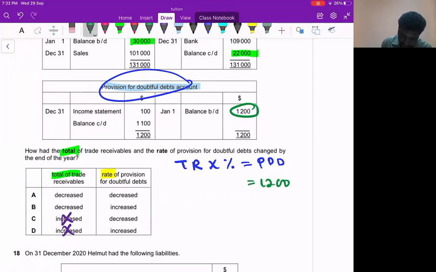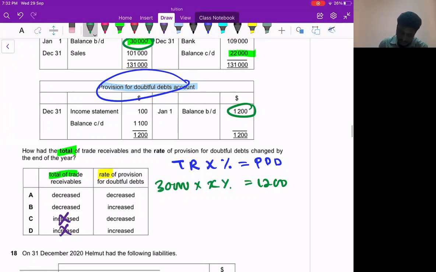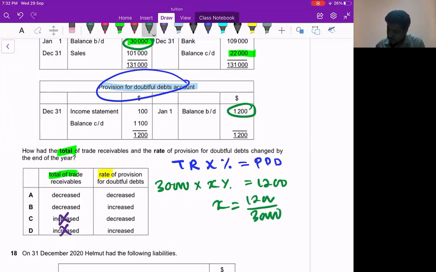Your trade receivable opening balance is 30,000. 30,000 times what percentage gives you 1,200? X equals 1,200 divided by 30,000 times 100, which is 4%.